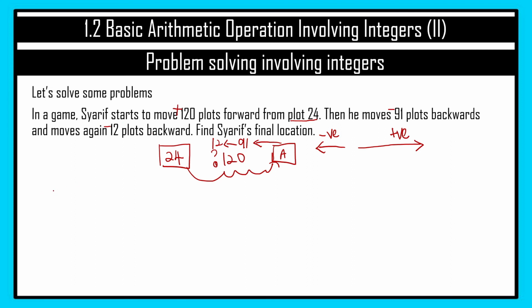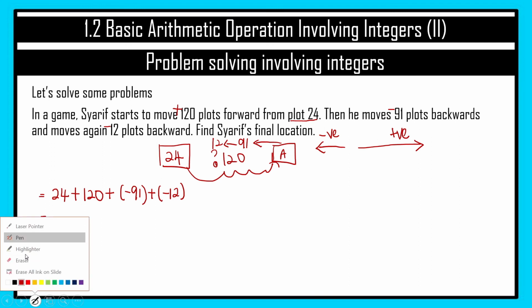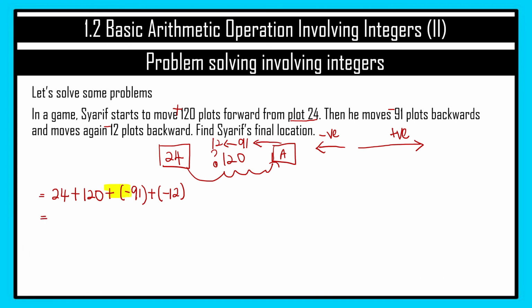So it starts at 24 and he moves forward 120. And then he moves again backward, so 91 steps backward, and he moves again backward 12 plots. Okay, so this is the case where we need to change, because positive multiply negative.